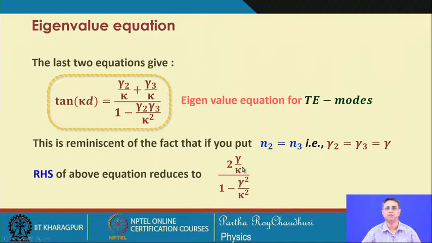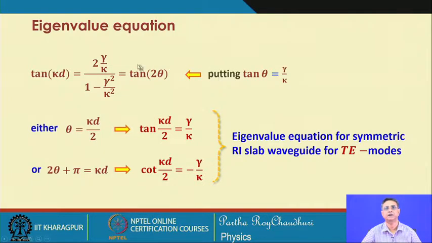So, if you put gamma by kappa equal to tan theta, then it is 2 tan theta by 1 minus tan squared theta, which is simply tan 2 theta. And this tan 2 theta must be equal to tan kappa d, which gives you a condition that theta equals kappa d by 2.